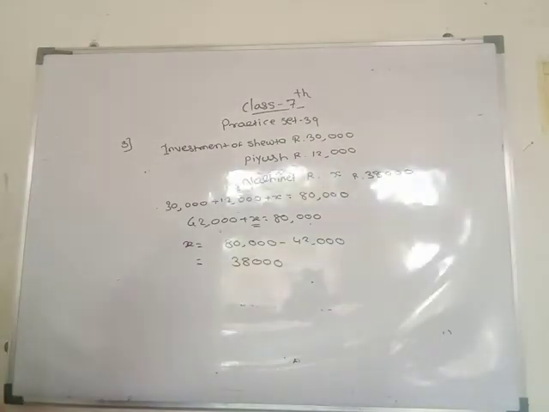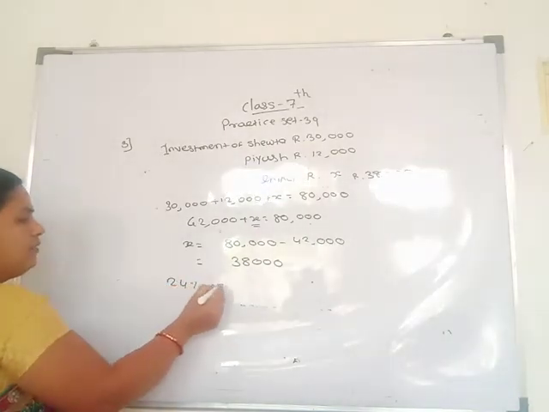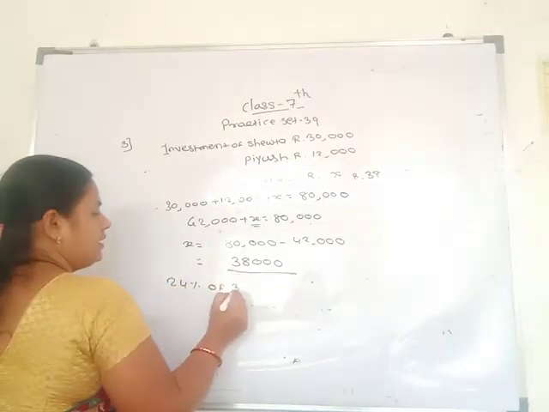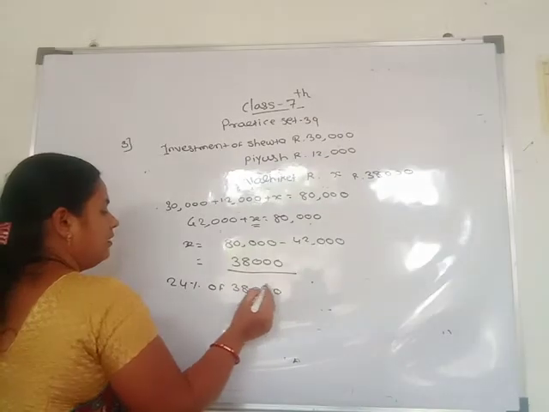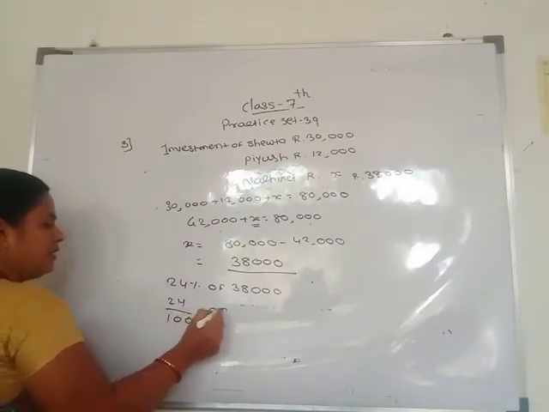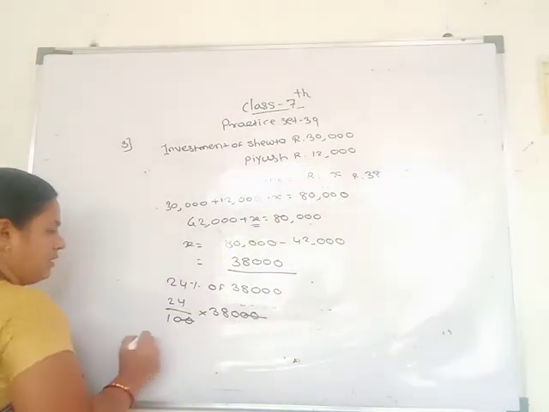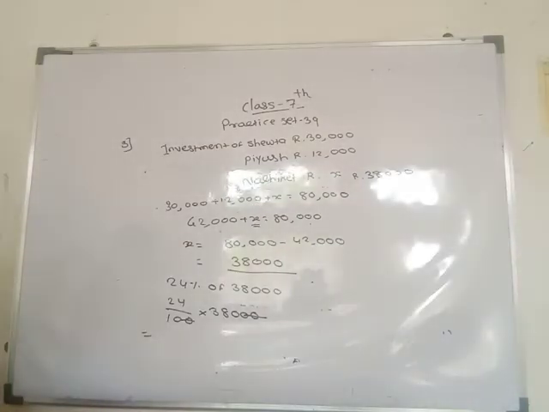See, then the profit is 24%. 24% of Nachiket's investment of 38,000, then 24 divided by 100 into 38,000. Cut the zeros. Do multiplication, 24 into 380.